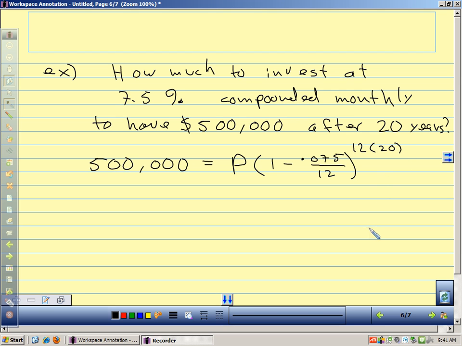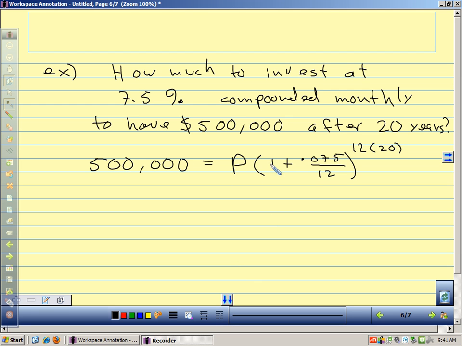Why is it a negative? Sorry, that should be plus. You're right. And we're trying to solve for P.